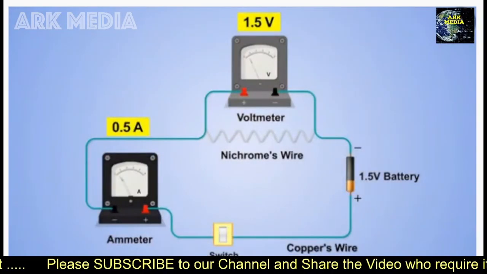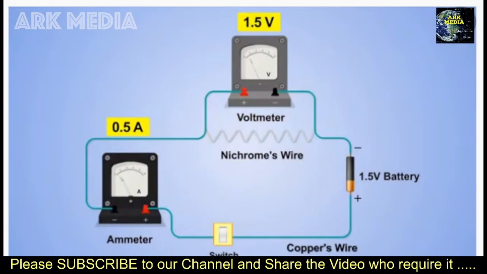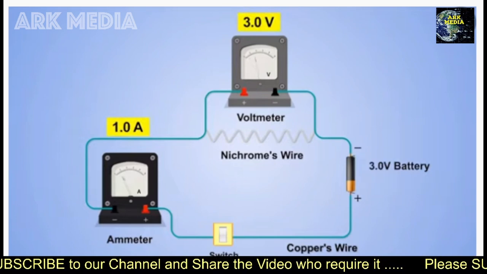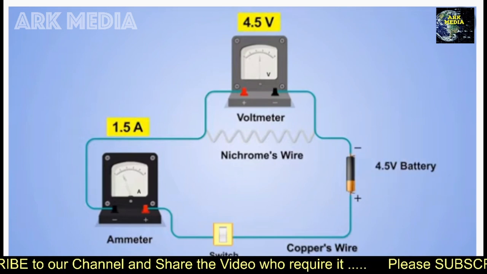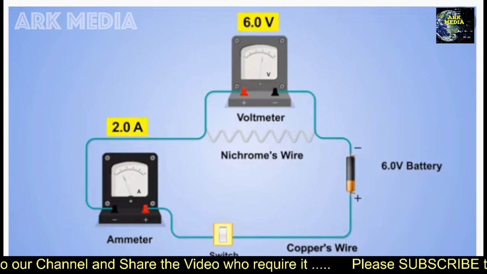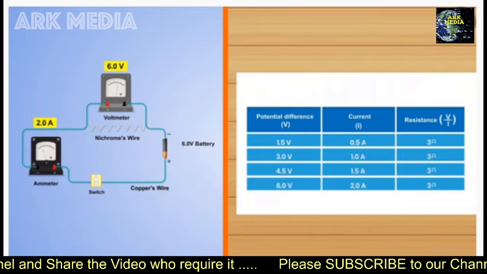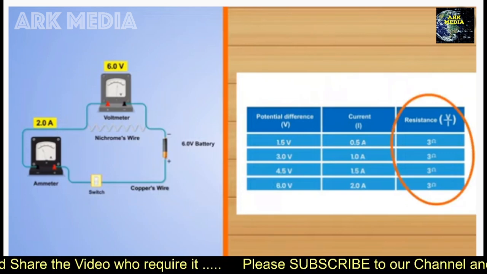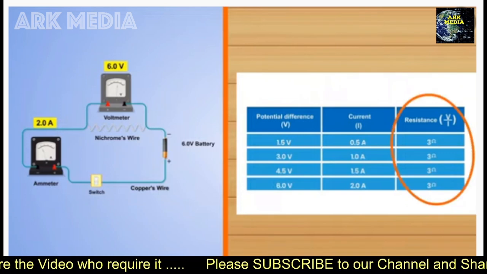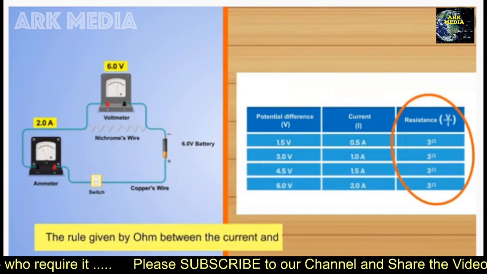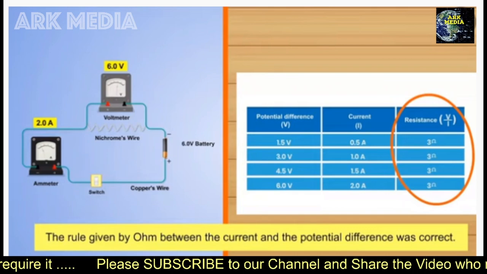Do the same process 4 times and increase one battery each time in the circuit. If the ratio of potential difference and electric current is taken, it will always be the same. So we can say that the rule given by Ohm between the current and potential difference was correct.